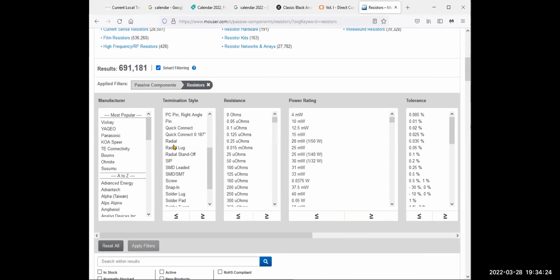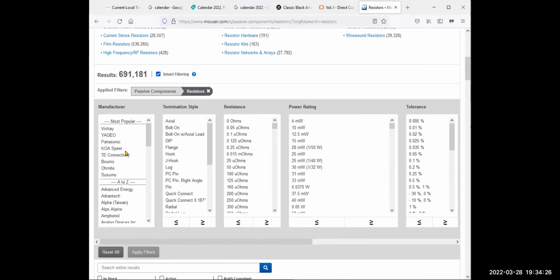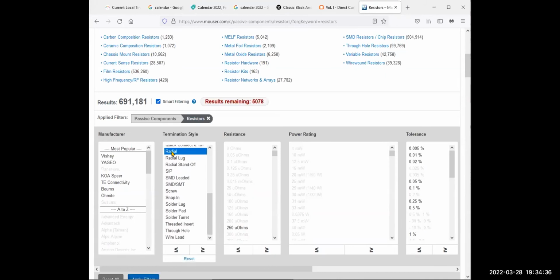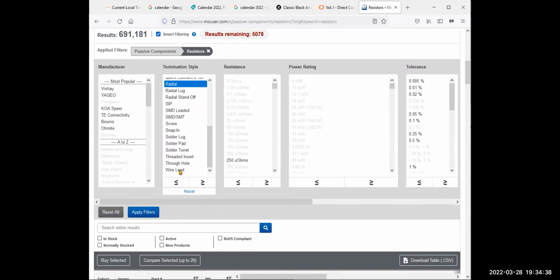Let's say we want to have some resistors. These are the manufacturers, and here are the termination styles. Let's use radial. How about wire lead? No, radial is okay. That's one kind. The other one, let me see.